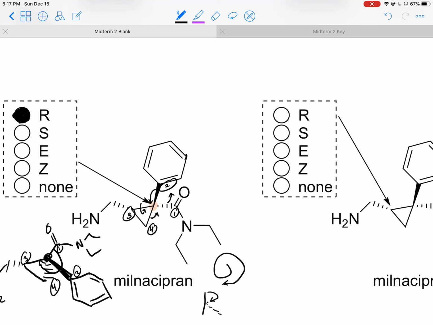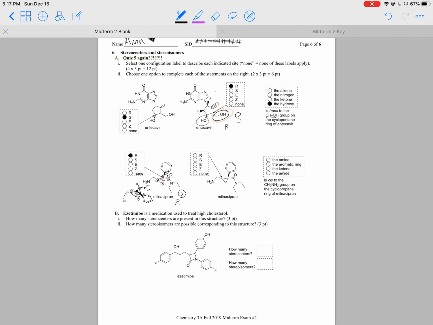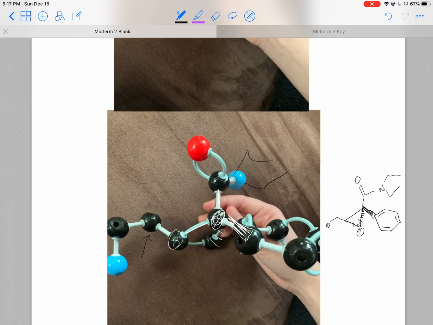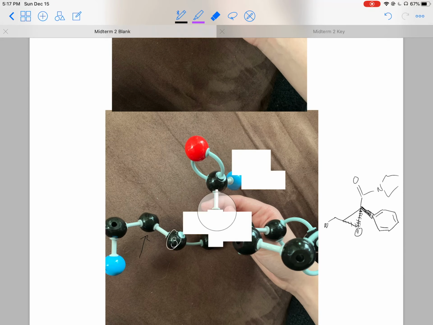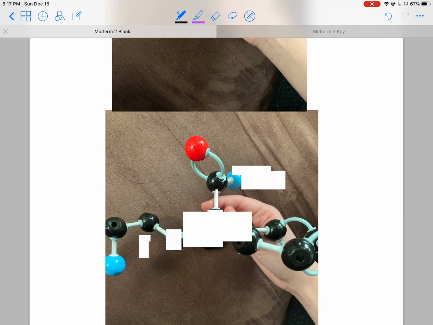It's hard to show with the pictures and drawing on the pictures, but maybe if I erase this, I can just explain it without trying to rotate it.